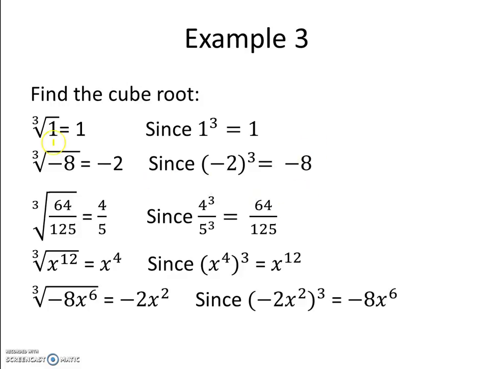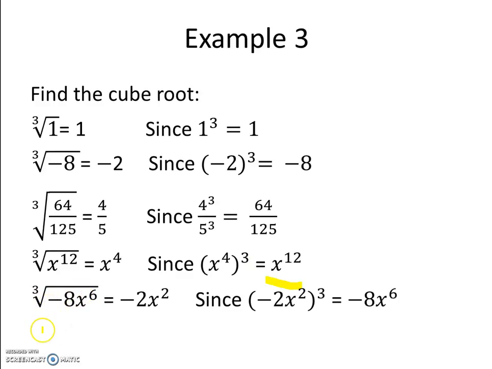The cube root of 64/125 is 4 over 5, since 4 cubed is 64, and 5 cubed is 125. The cube root of x to the 12th equals x to the 4th. We can check it by taking x to the 4th and cubing it, and we get x to the 12th.